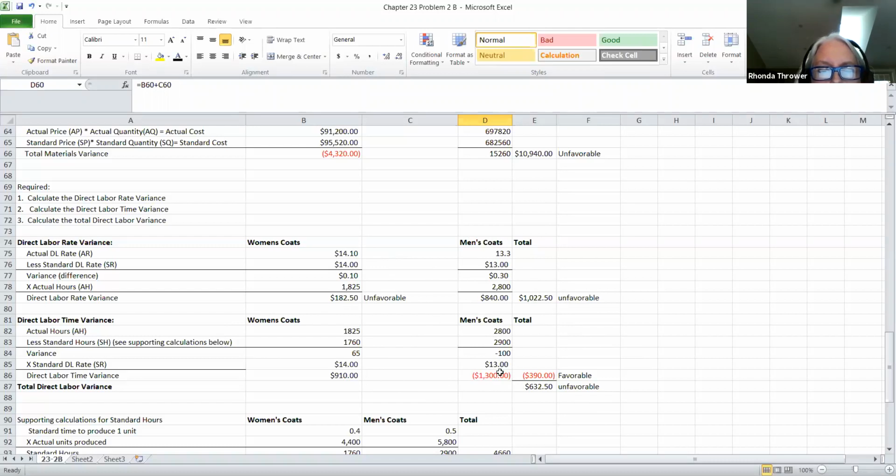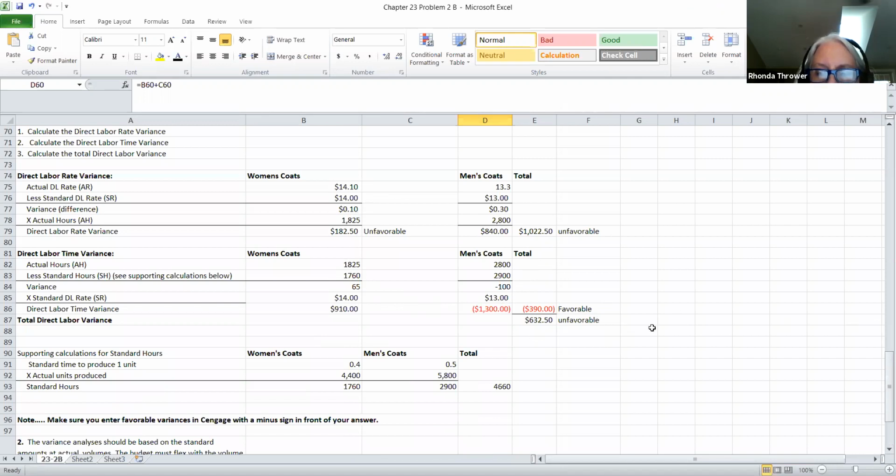Notice this one's favorable, so perhaps we had an employee that was highly trained and knew better what they were doing, and so they did better with their time variance here. But in this case, they were worse, but yet they paid them more. So I don't know. But anyway, management would have to just go back and look at these items. That's what they're there for.